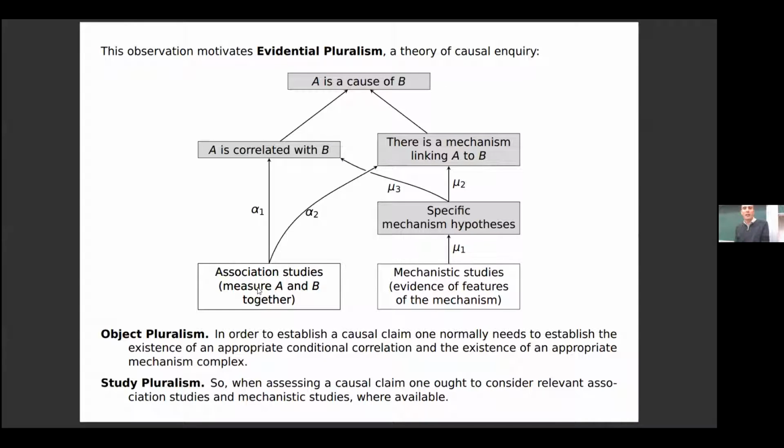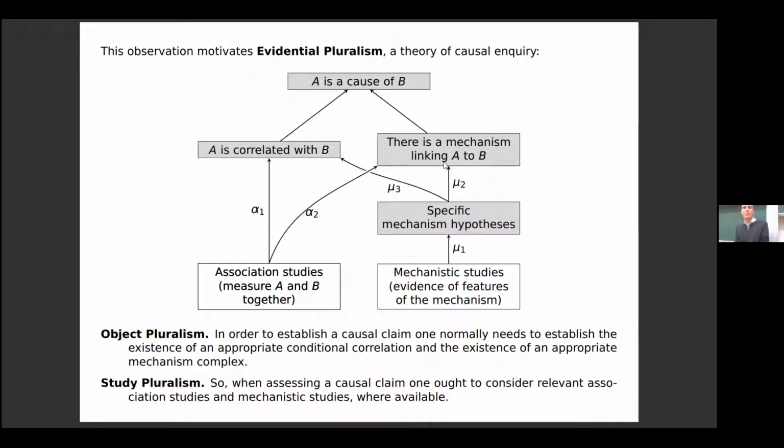Certain kinds of study can indirectly confirm the presence of a linking mechanism as well. Randomized controlled trials are valued because they indirectly confirm the presence of a linking mechanism by reducing the chance that the correlation is due to confounding.